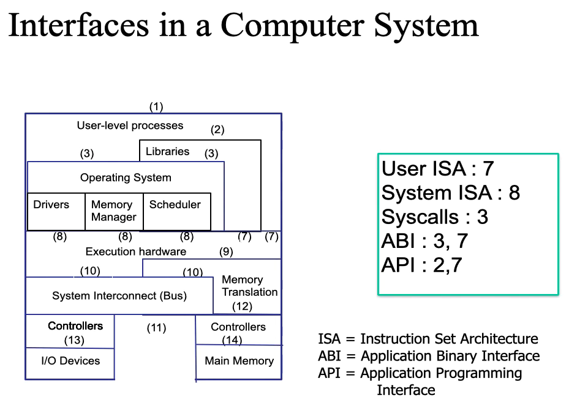So ABI is really important for portability of programs, because if you take a binary executable and move it to a computer which has a different ABI, say a different user ISA or a different system call interface, then the program won't work, right? So ABI is really important for portability of binary executables.